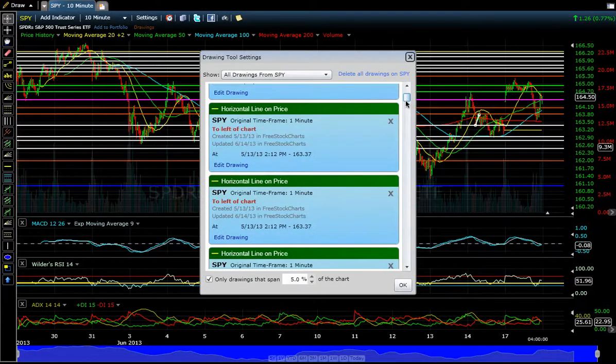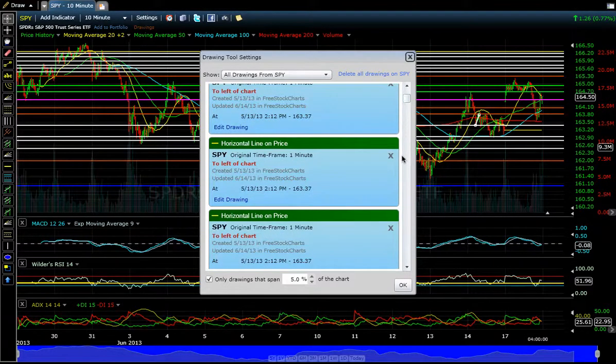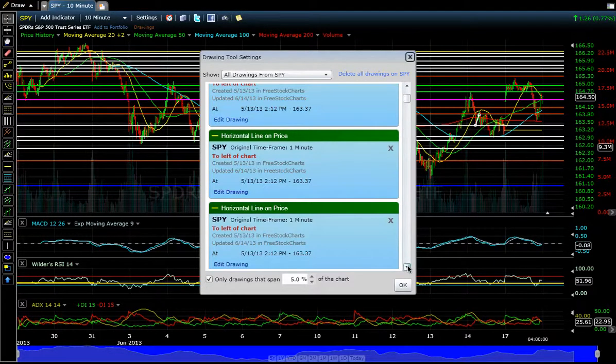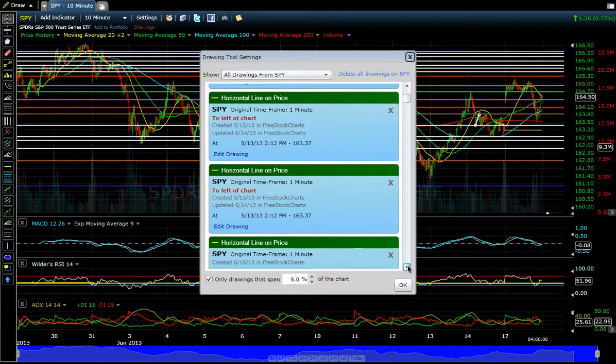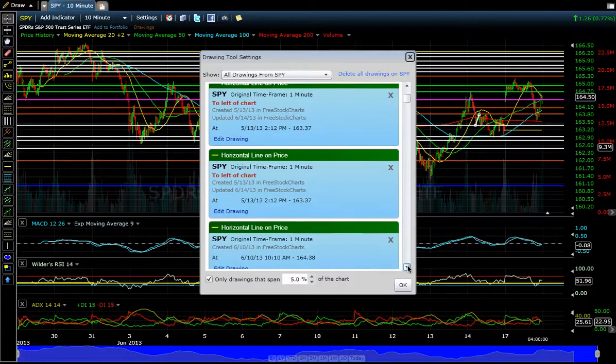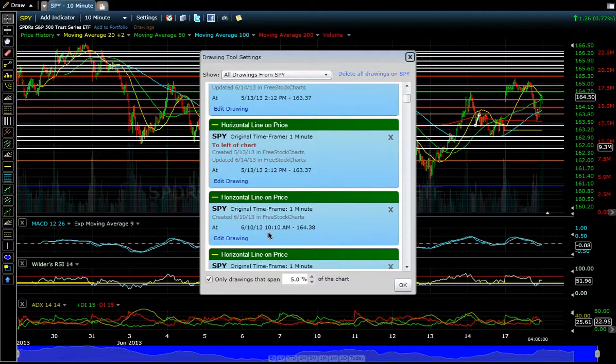$164.38. Just saw it. Okay, so as we see here, 164.38 was actually charted on 6/10, and I've been using this line since 6/10 of 2013.